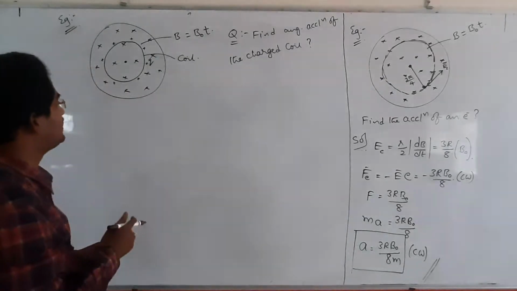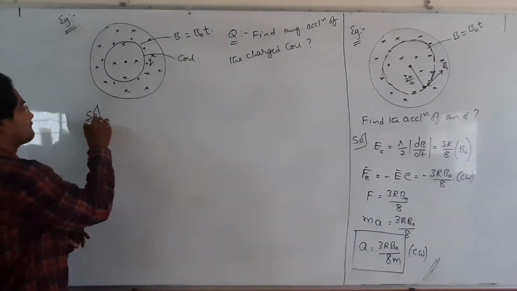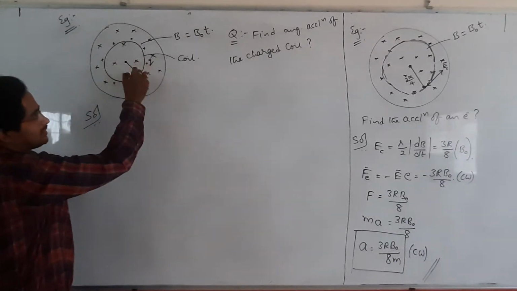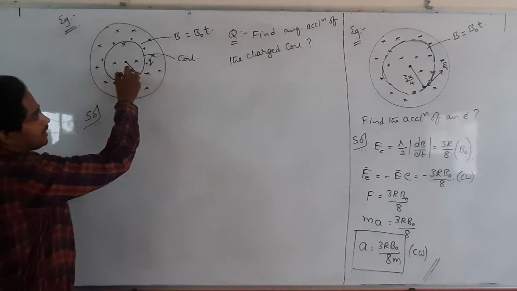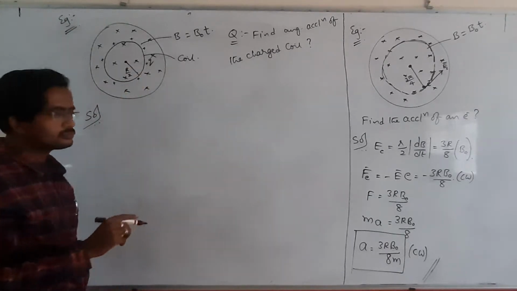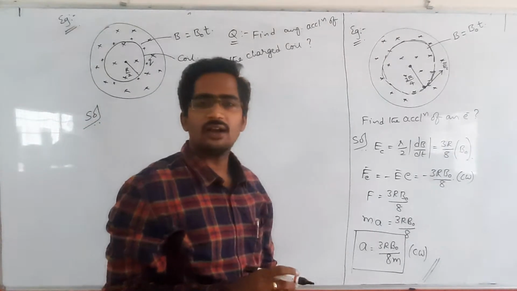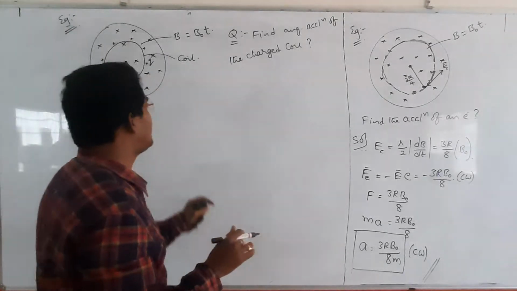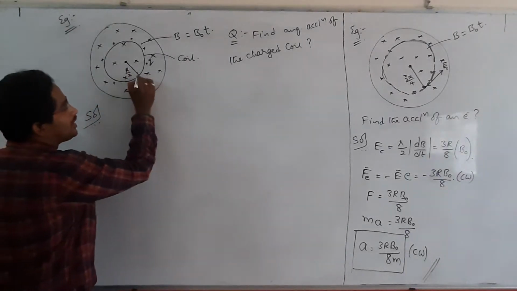How to find that? Simple. First, the radius of this coil is given as R by 2. Then what is the electrical intensity on the ring?